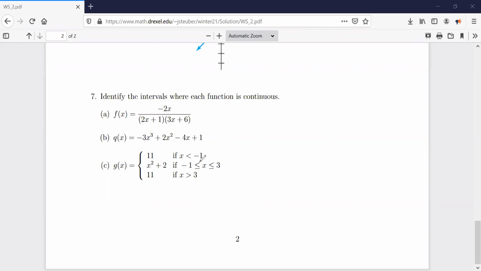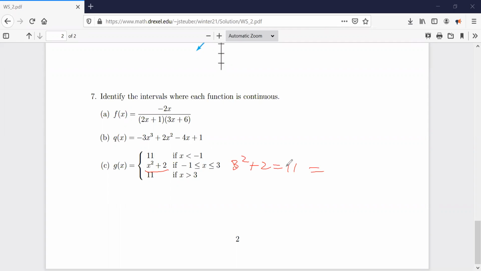So now we just have to check, do they agree on the boundaries? If I were to plug this guy in at 3, then we would get 3 squared plus 2 is equal to 11.